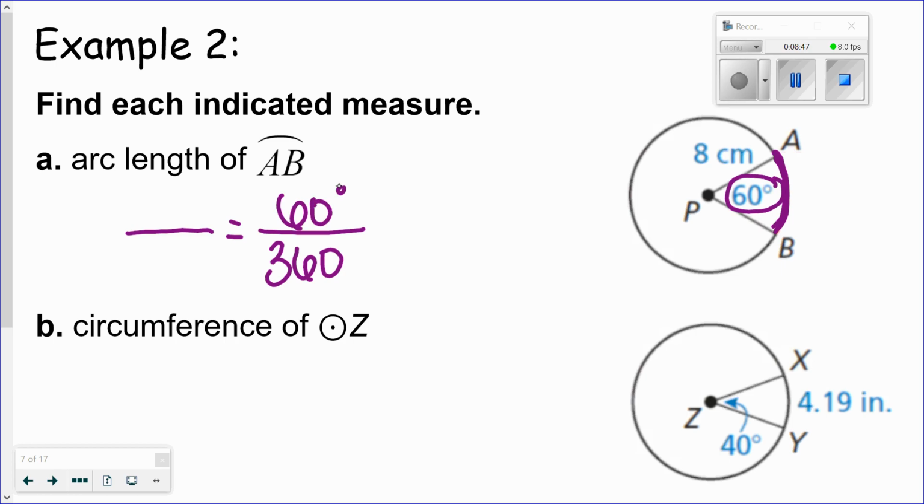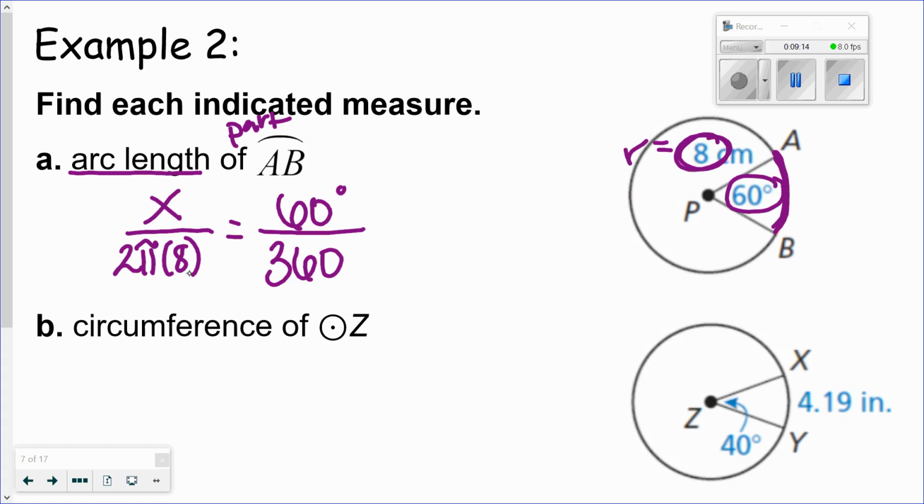So we're always going to take the degree out of 360. Now we want the arc length of part of the circle, okay? So we want to know what that is. And since we are given 8 is the radius, we can plug that into 2 pi r.